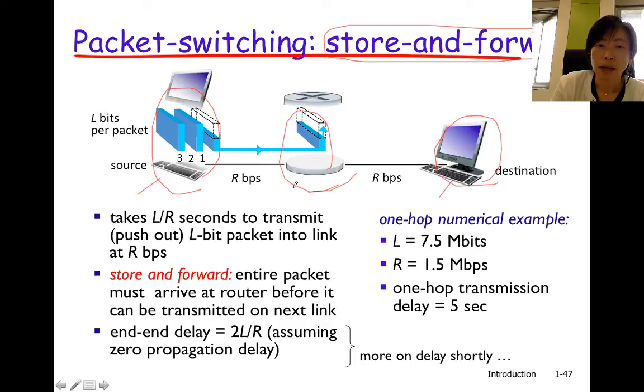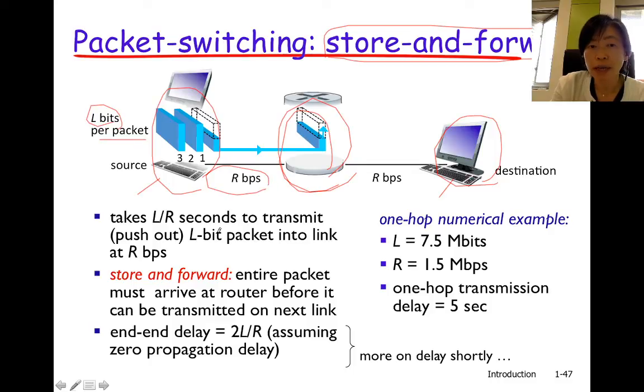And this guy here is the router, helping forwarding, retransmitting, or relaying data. Now we do have 3 packets, and each packet is L bits long. You see in the figure, the first packet being transmitted, arriving partially at the first router, over a link of R bits per second.